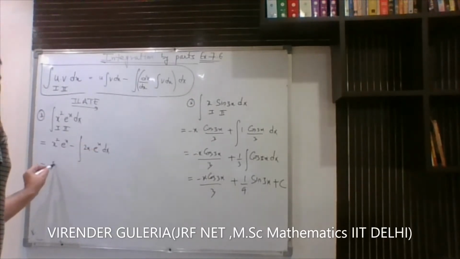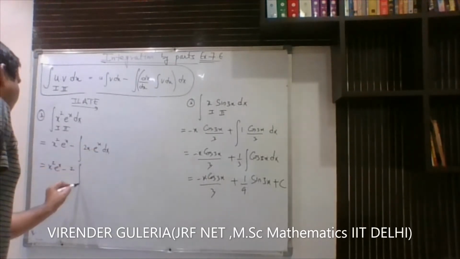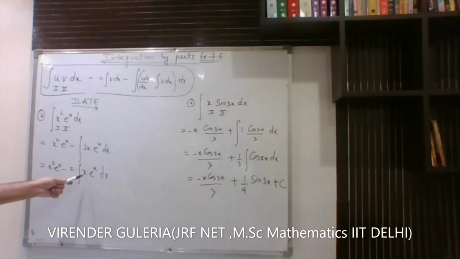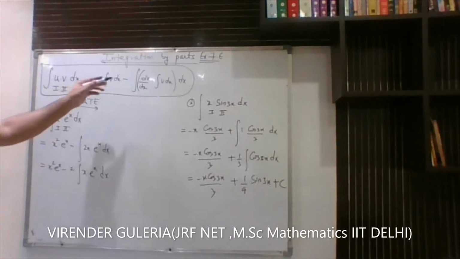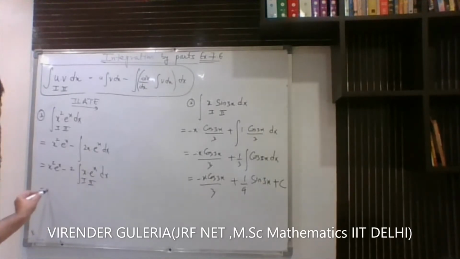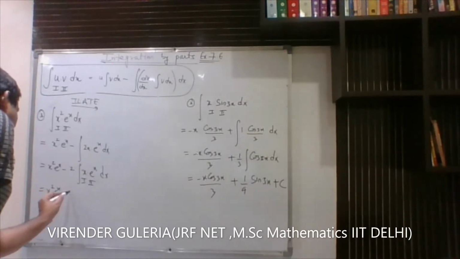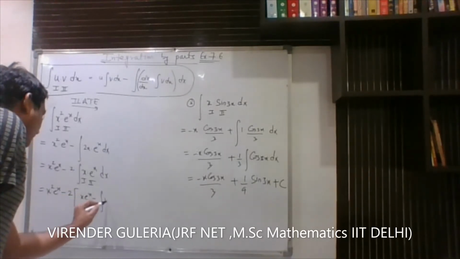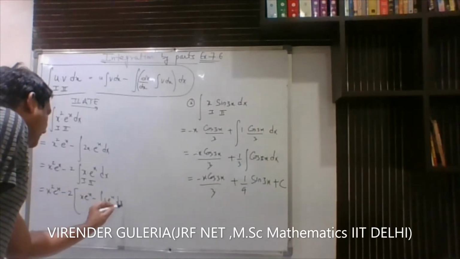Now you can take this 2 outside the integral. Here again we are getting a product of two functions. So again we are supposed to apply integration by parts. This will be treated as the first function. This will be treated as the second function. So let us apply. First as it is, integration of second, minus derivative of first, integration of second dx.